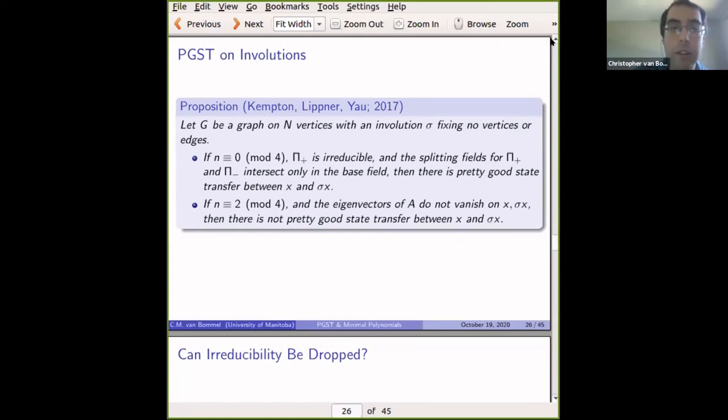So thinking about the main result, there's essentially 2 parts. There's the ratio of the trace and the degree, and there's the fact that the minimal polynomials have to be irreducible.